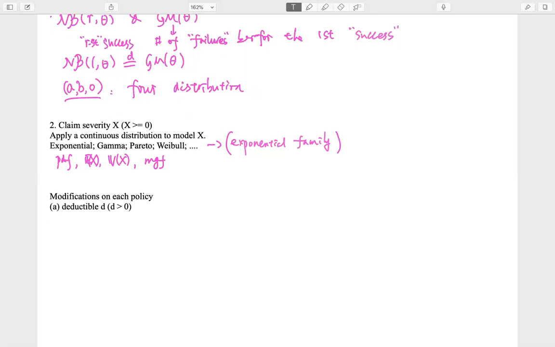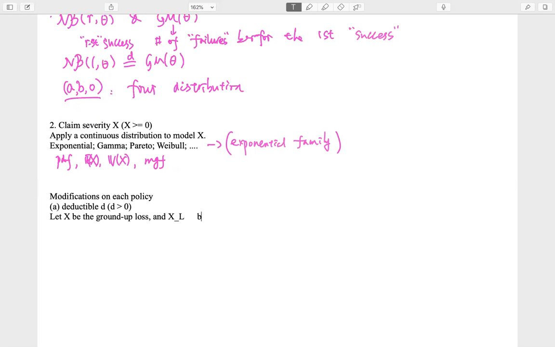So you start up with X. X is the ground up. Let X be the ground up loss. That means it's the original size of a loss, of an accident, of a claim. And let me leave some space.